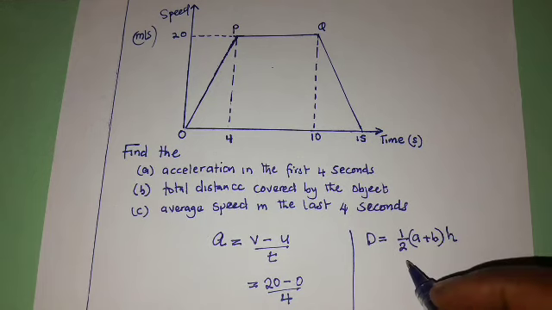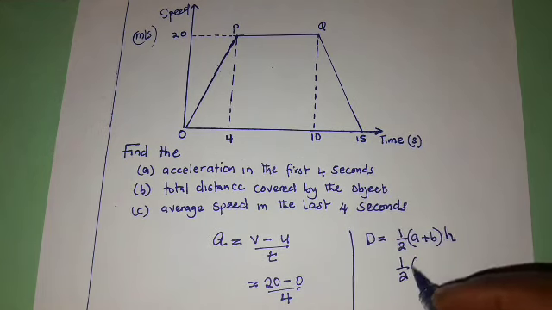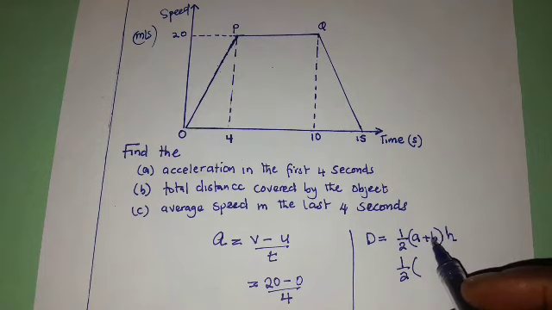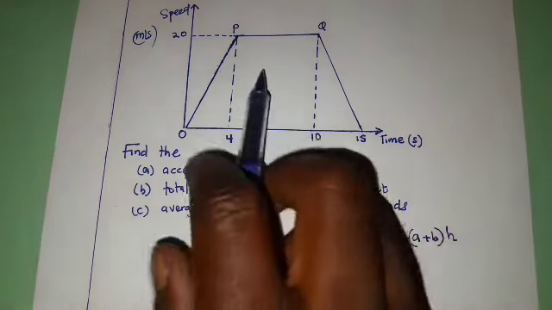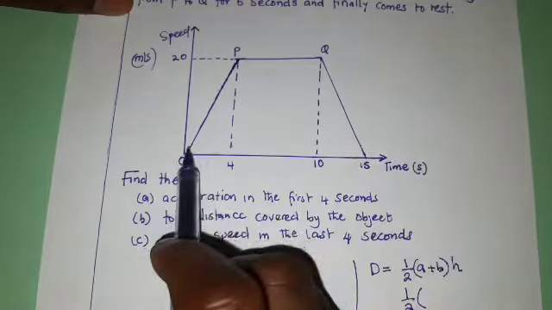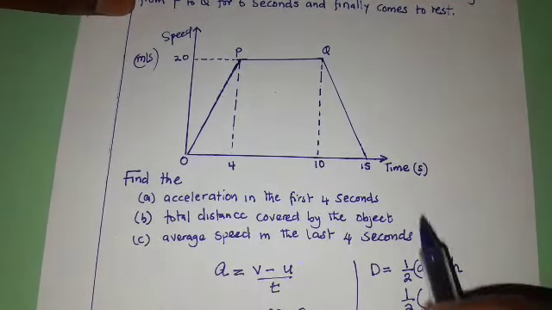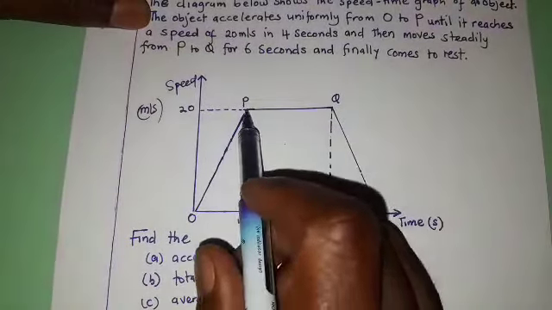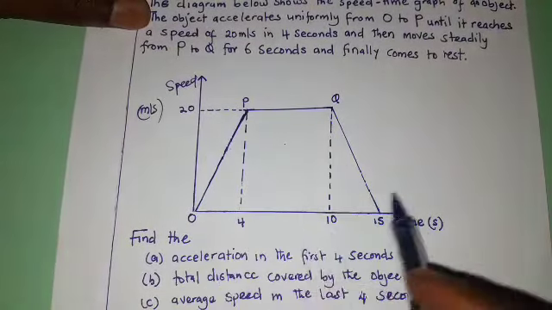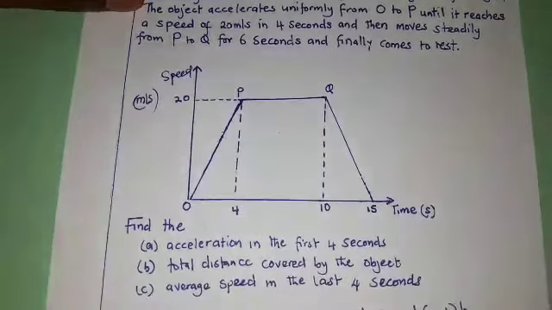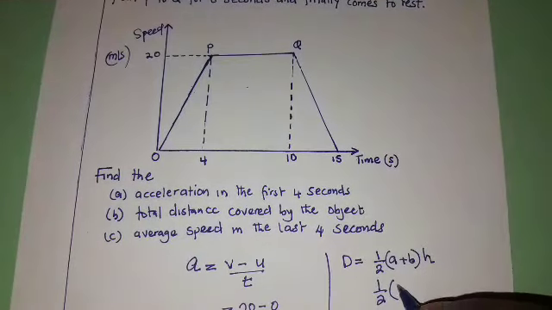Now, if we go down, we replace A and B, which are the parallel sides. A is the shorter side, and B is traditionally the longer side of these two parallel sides. So from P to Q, what is the distance here? That is 6.